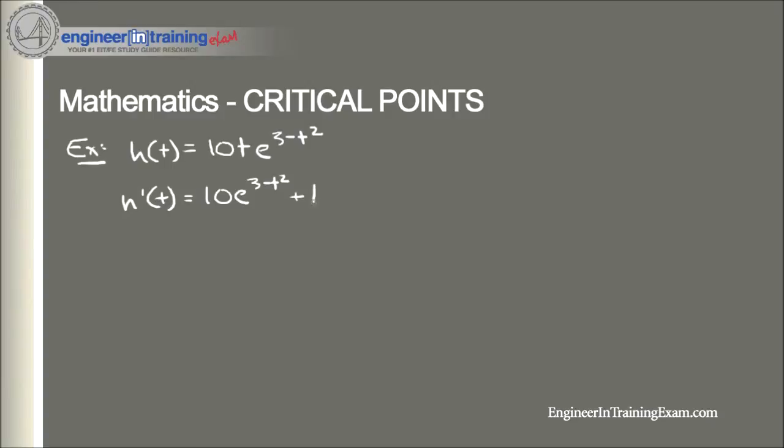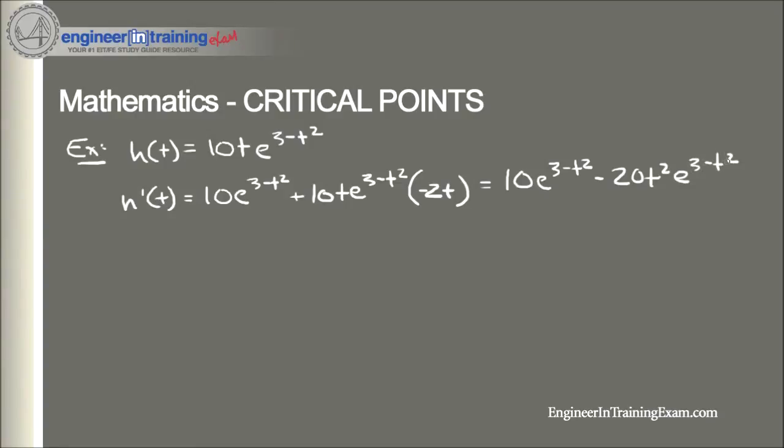plus 10t e to the 3 minus t squared times minus 2t, which simplifies to 10 e to the 3 minus t squared minus 20t squared e to the 3 minus t squared.